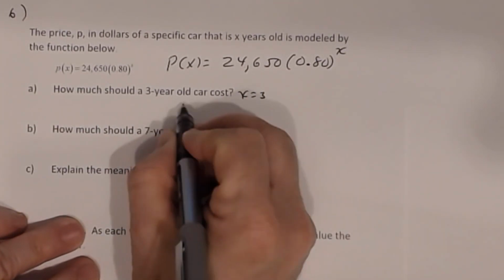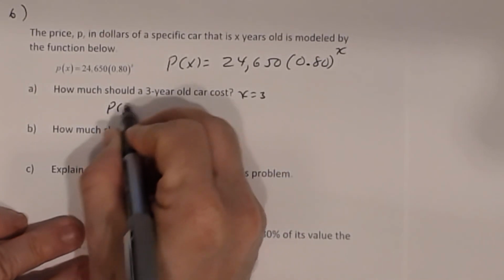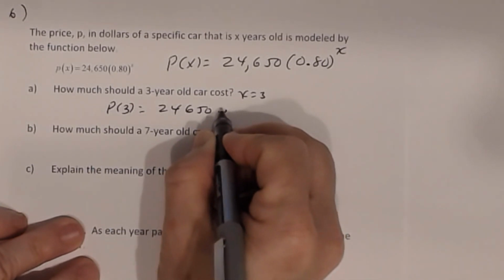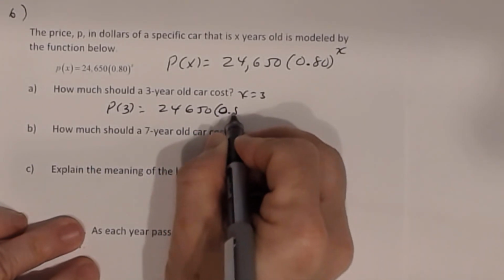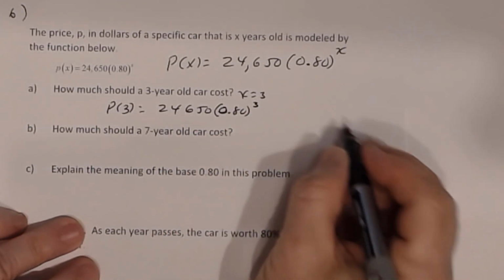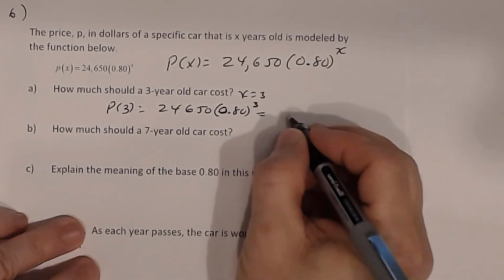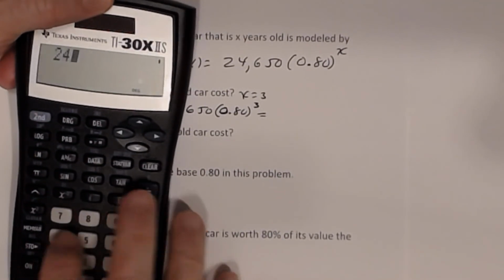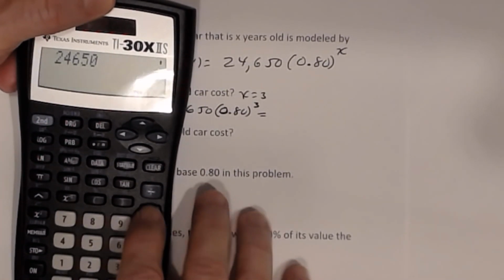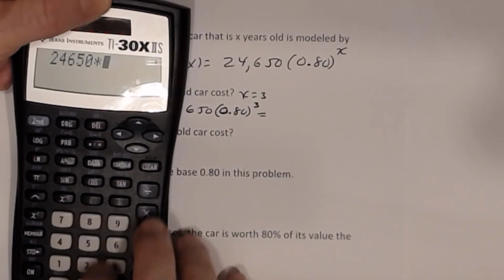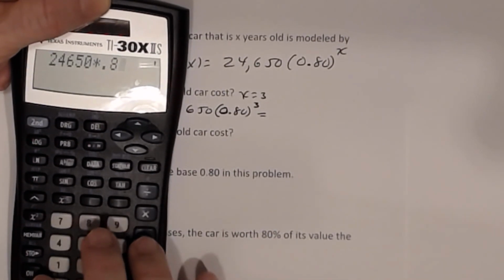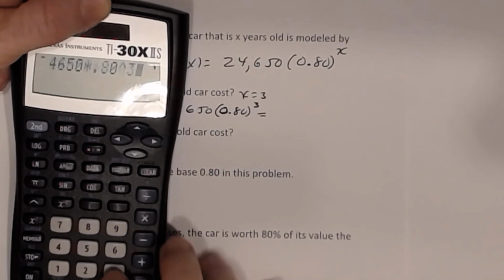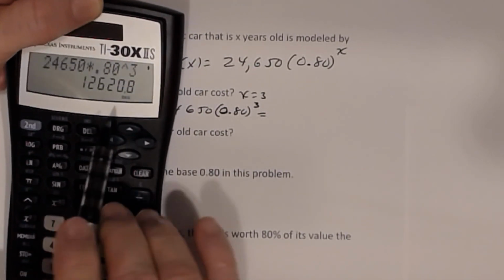So we get P of 3 will equal 24,650 times 0.80 to the third power. And let's see what we get. So we get 24,650 times 0.80 raised, just like this, raised to the third power.